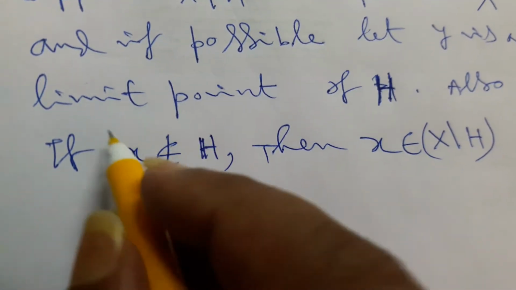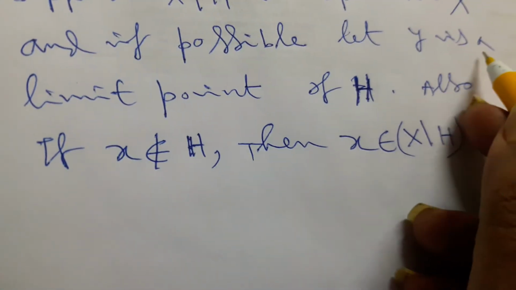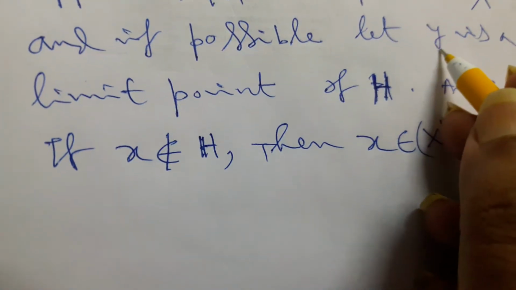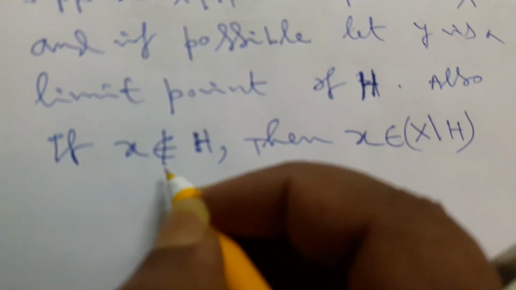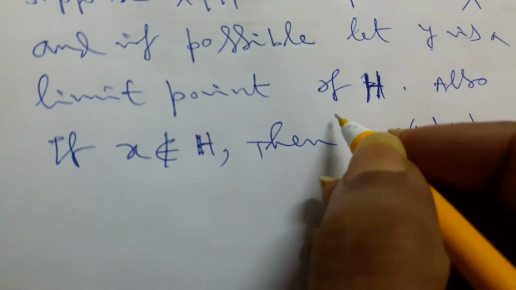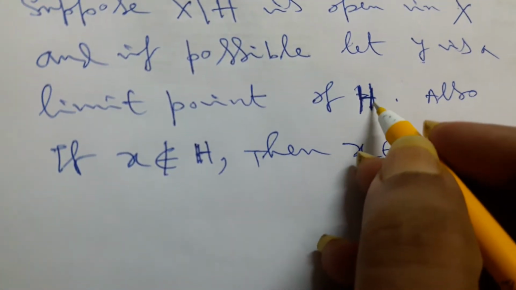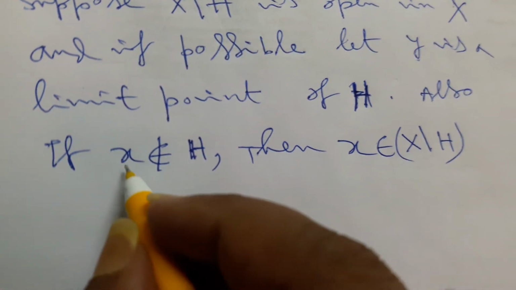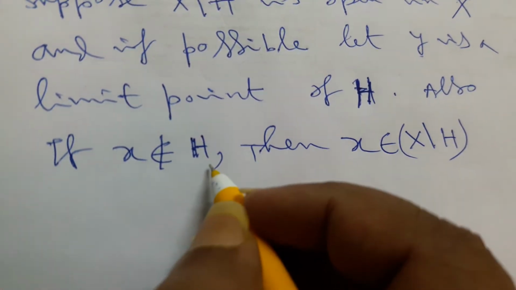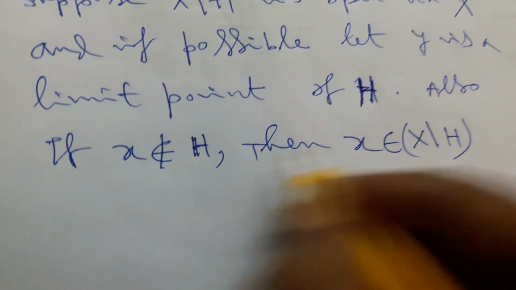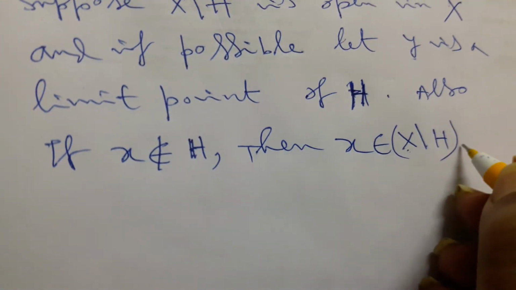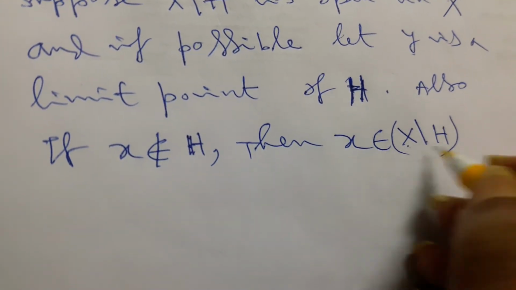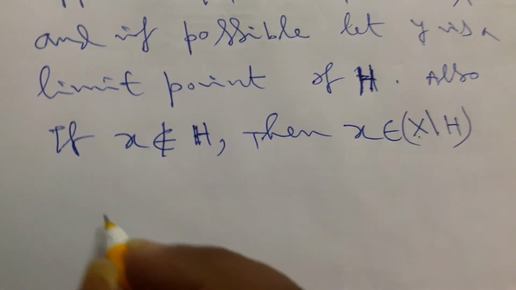That's why we take the limit point. Here we take y as a limit point of H, but sometimes a limit point may not lie in the set, and we consider this type of case, that x does not belong to H. So where does x belong? Certainly x belongs to X minus H, and X minus H is a neighborhood of x.